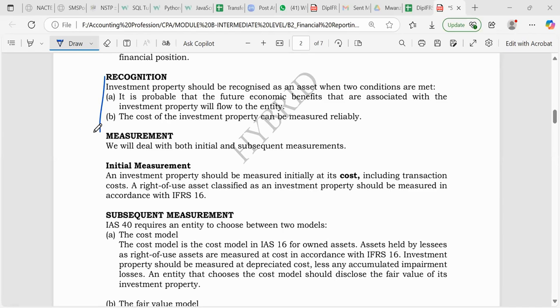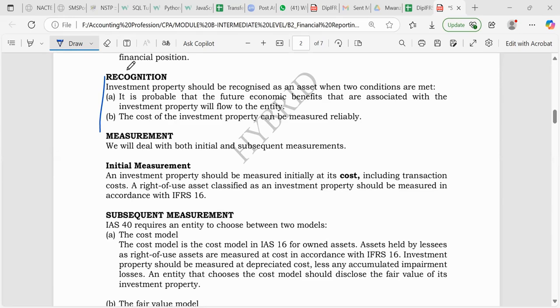All right. So as I told you, the recognition criteria for investment properties, you would find it almost the same as IAS 16, property, plant and equipment. If you have an asset, you obviously expect economic benefit, and that's why you are confident of claiming that this asset is worth this much. If you expect no economic benefit, it means if you have recorded an item in the books at a certain amount, that is wrong. It should be impaired to zero.